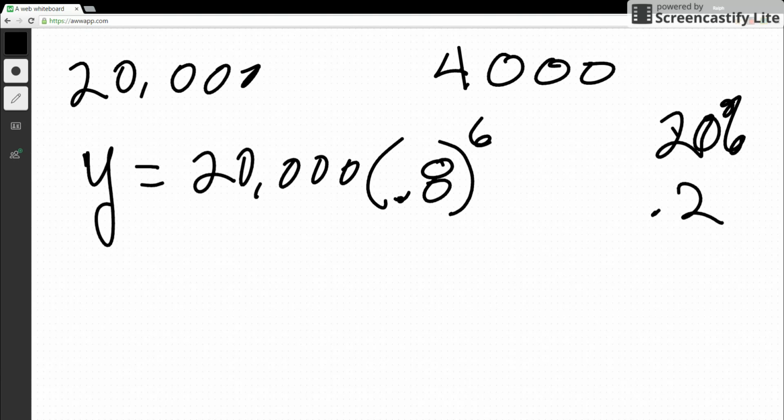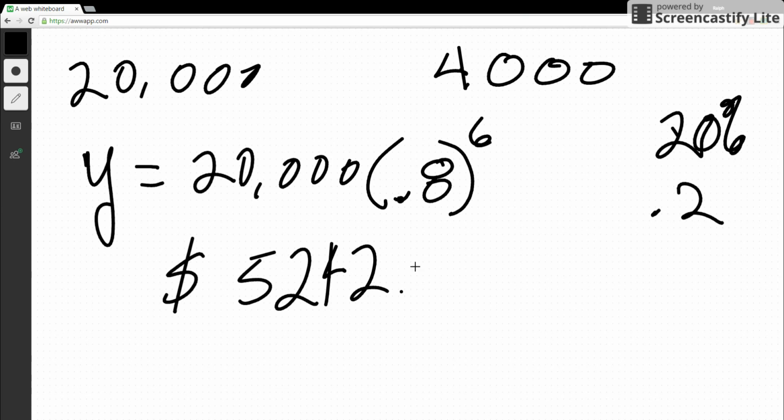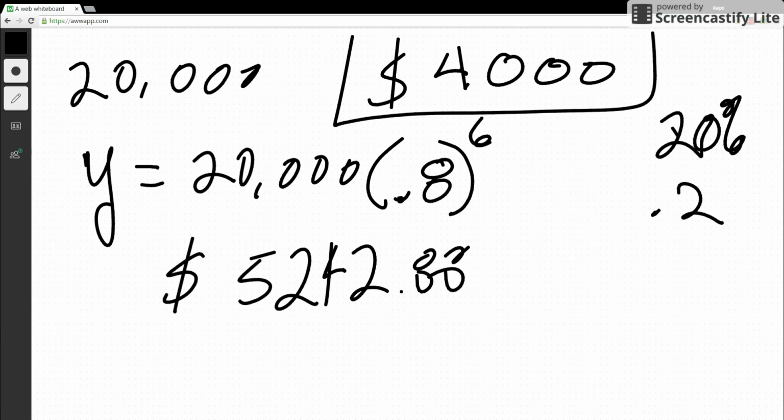If I figure that out, 20,000 times 0.8 to the 6, that comes out to about $5,242.88. Well, I definitely don't want to sell it for $4,000 because it's worth more. So answering in a complete sentence, I would say something along this: after 6 years, the value of the car is approximately $5,000. Selling it for $4,000 would be below the value and not a good idea.